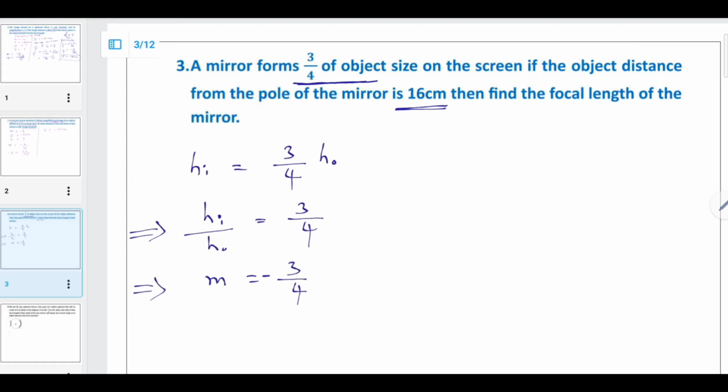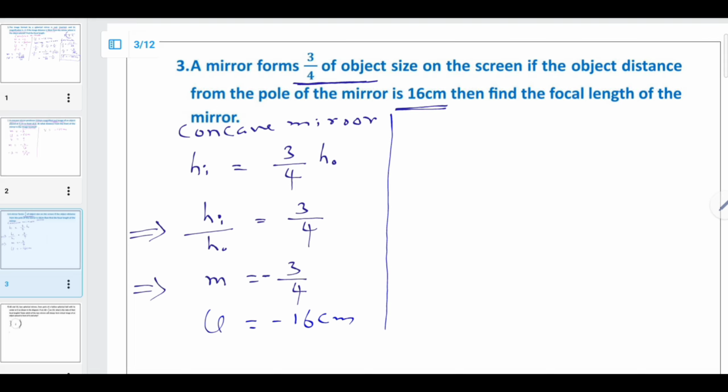As the image formed is real, the given mirror is a concave mirror. Next, the object distance u equals minus 16 centimeters after applying the sign convention rule. We need to find the focal length of the mirror.